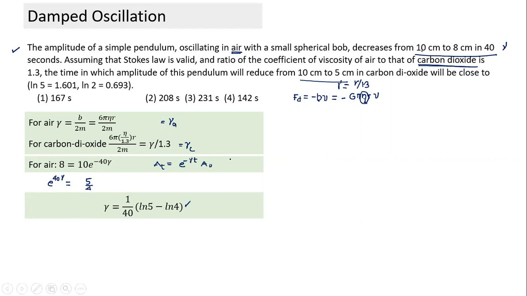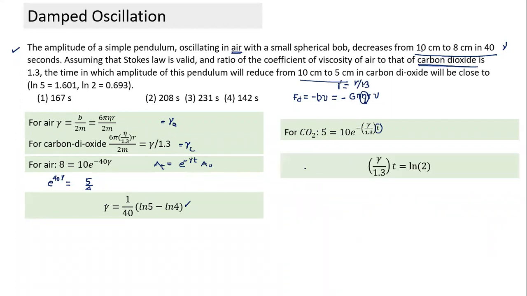Now I use the second equation for carbon dioxide. What is the equation now? This is the initial amplitude, and it drops from 10 to 5. The only thing we have done is, in place of gamma, use gamma divided by 1.3, and we need to calculate the value of t. All we need to do is substitute the value of gamma from here to here. The rest is simple simplification.